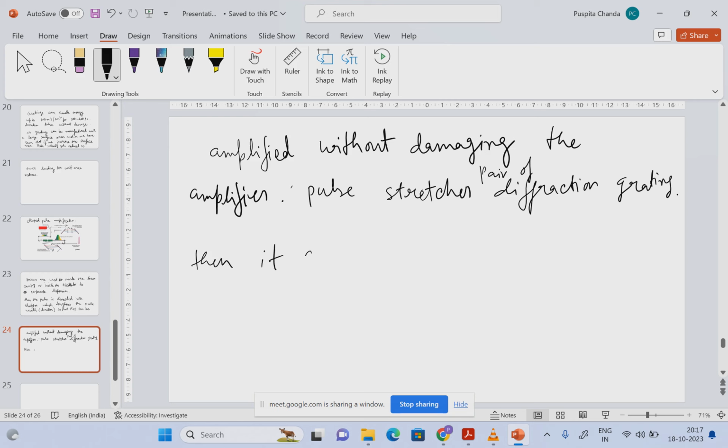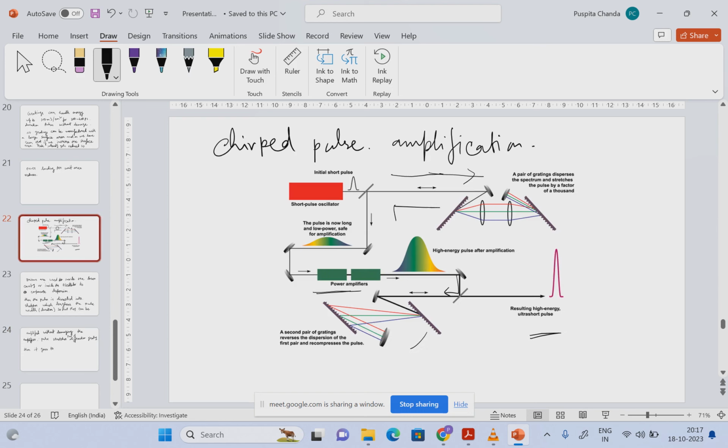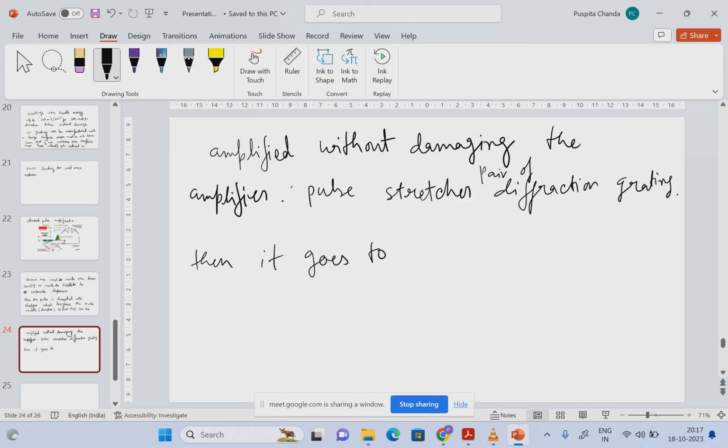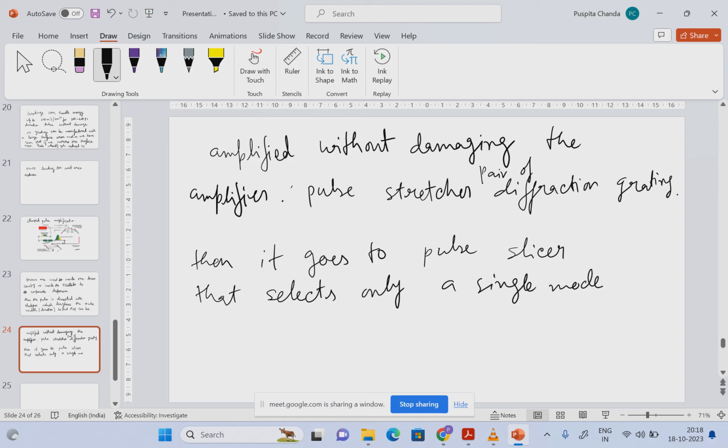Then it goes to, they are not visible in the picture, but I'm telling you the basics, a pulse slicer that selects only a single mode locked pulse.